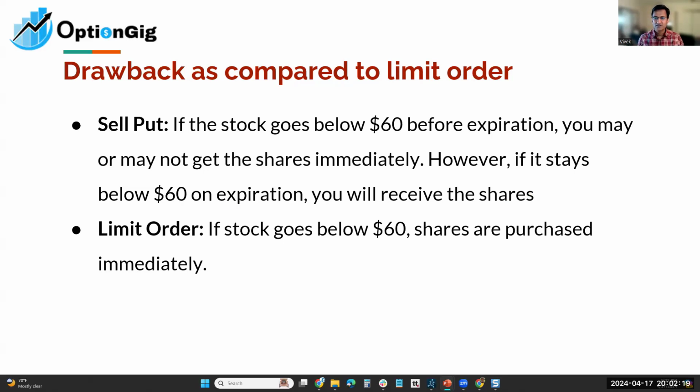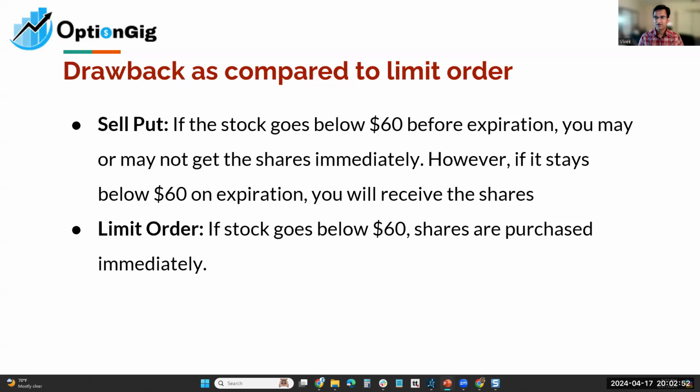Maybe PayPal doesn't pay dividends, but maybe you want to acquire the shares because of an upcoming dividend. Then I won't recommend that you sell a put, because even if it goes to 59, let's say on 30th of April, if you had a limit order, you will get 100 shares in your portfolio. But if you sold a put, you may not get it. It depends, and the factors are for later sessions.